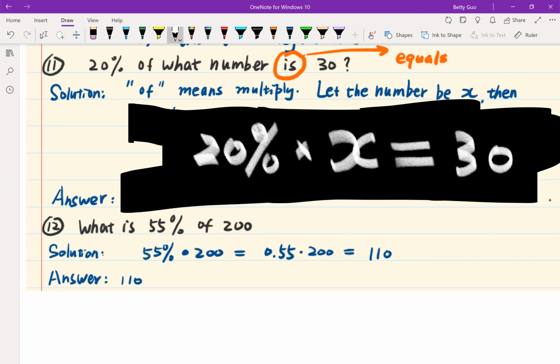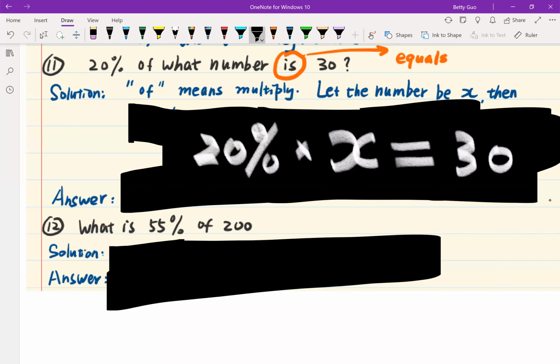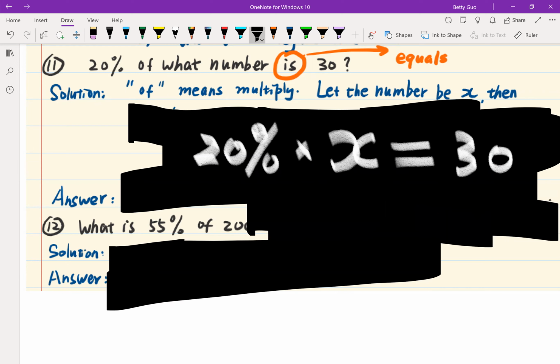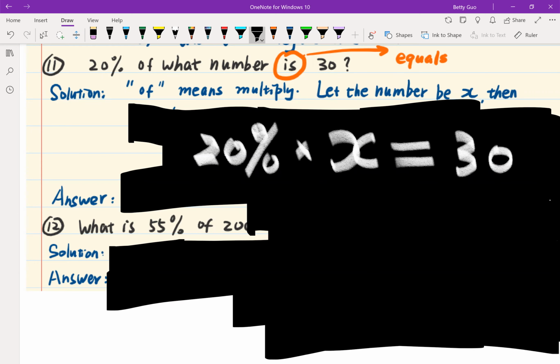And what is 20% in decimal? 20% is 20 over 100. What is 20% as decimal? 0.2. So you have 0.2 times x equals 30.